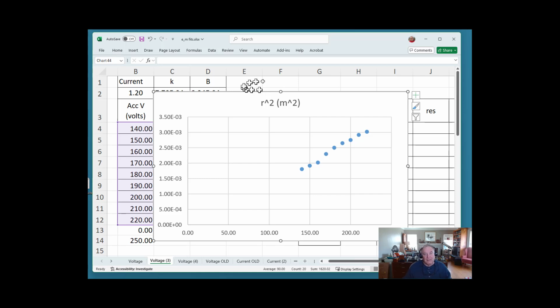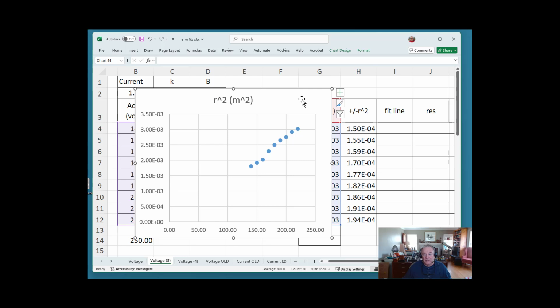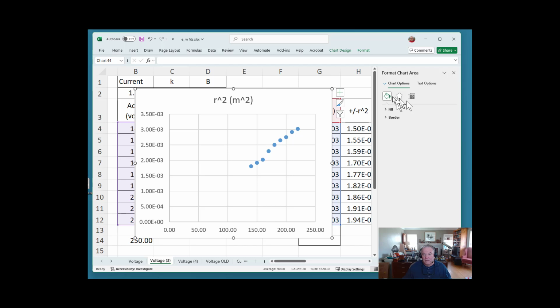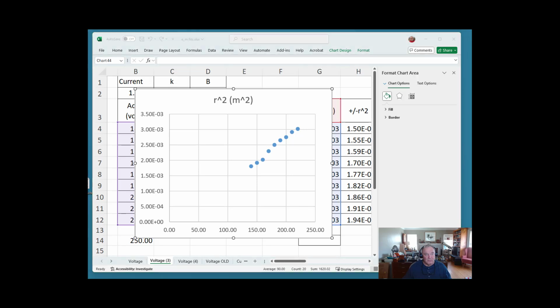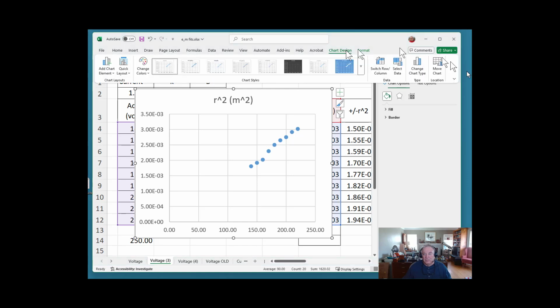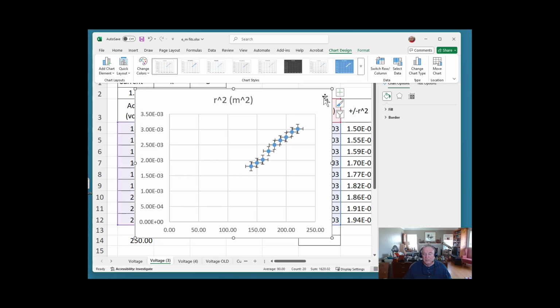And now we want to add error bars. So click on it. And then, of course, we need to go click, so we get the sidebar. And chart design, we'll make believe we all have Macs. Well, I think even on a PC, for chart design, you have to add the error bars, and we'll say standard.